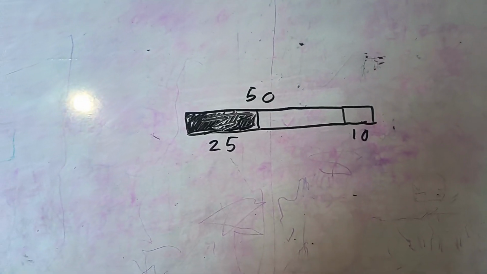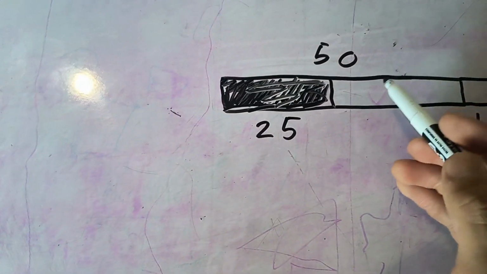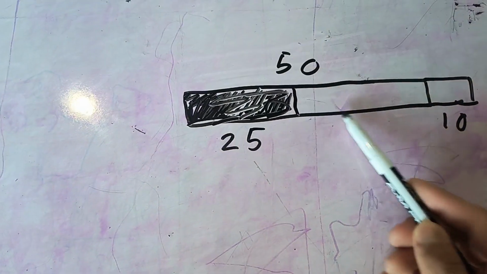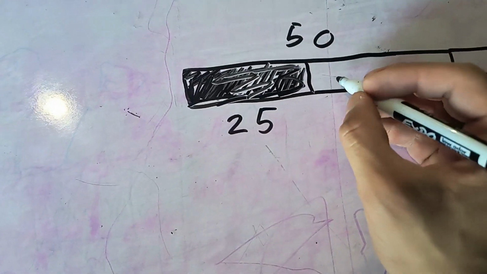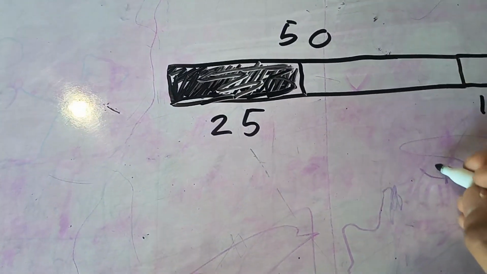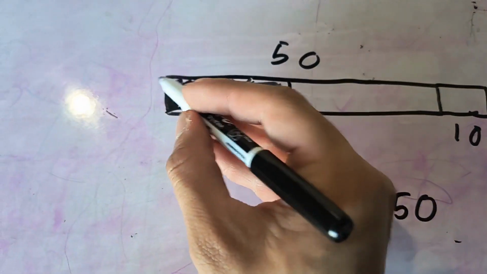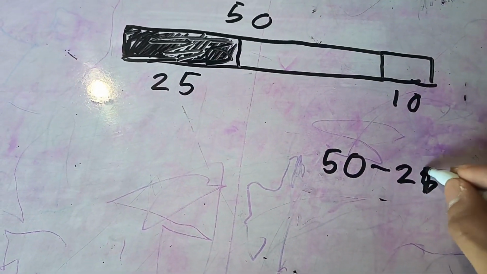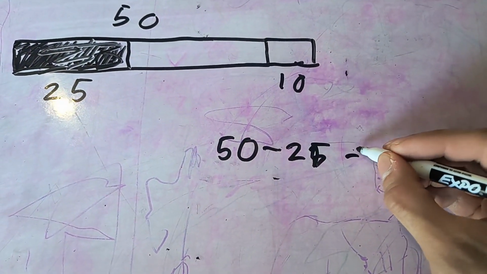So how many lions does he have left? Okay, well, first we got to see the amount of lions he has left is equal to this part, the not shaded in part, and that is going to be equal to 50, because the whole thing, minus that 25, that shaded in part, and then plus this not shaded in part.